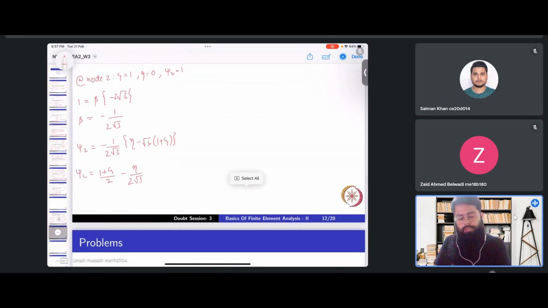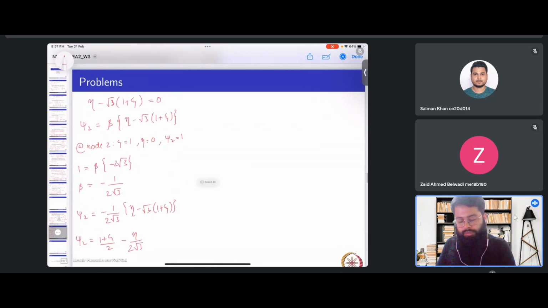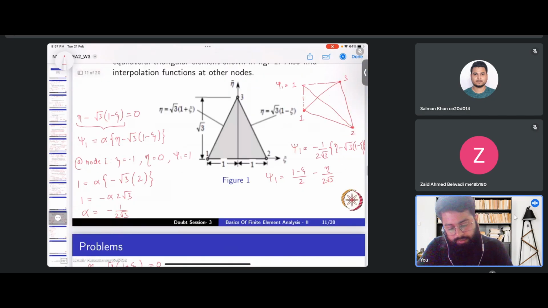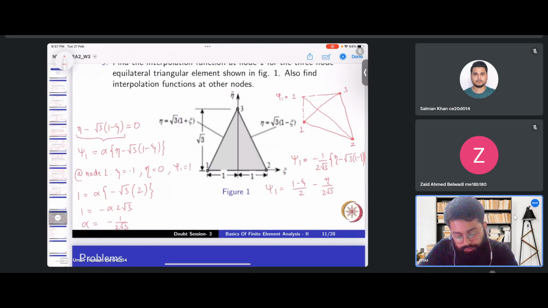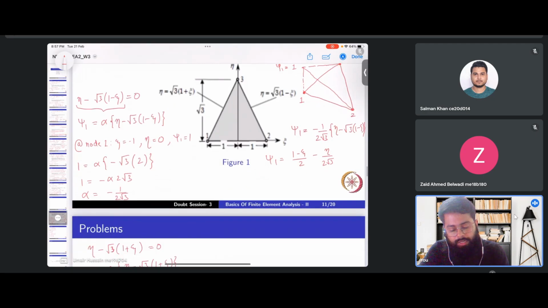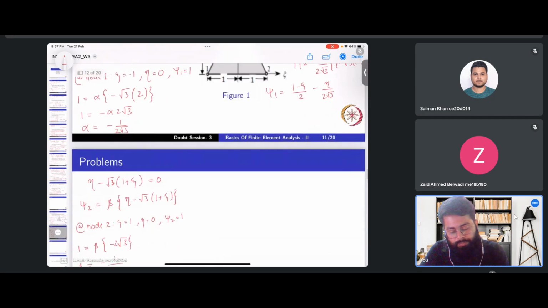Okay, so can we do the same thing to find the shape function at node 3, right? At node 3, the equation of the line 1 2 would give the value 0 on the line 1 2. So what is the equation of line 1 2? Can someone answer this?